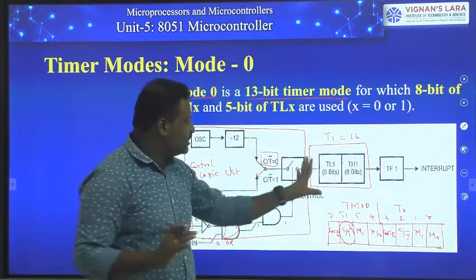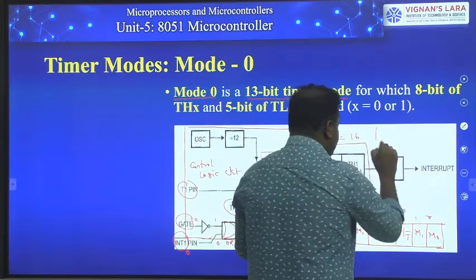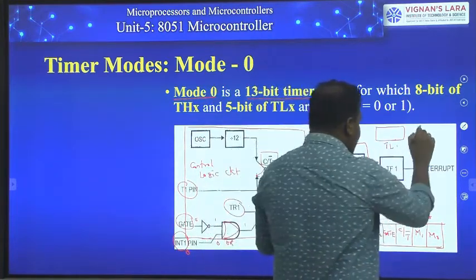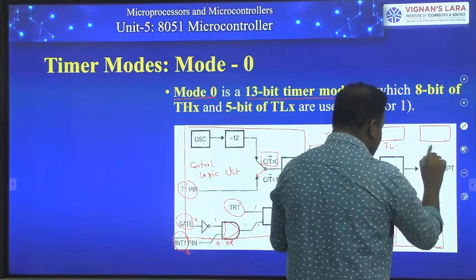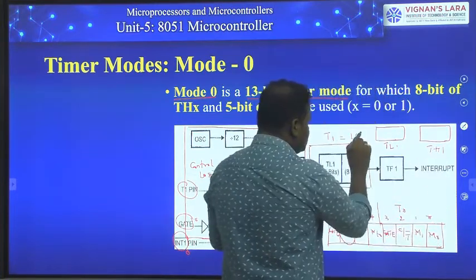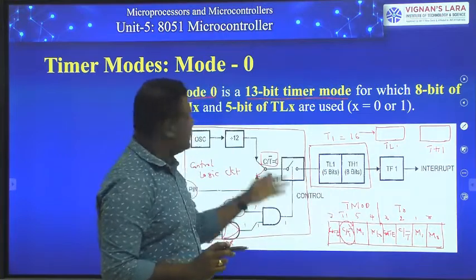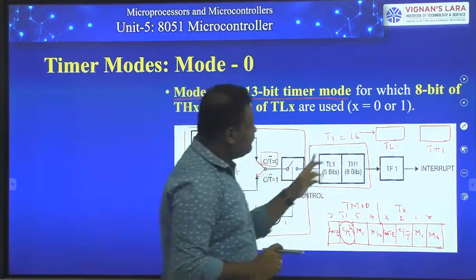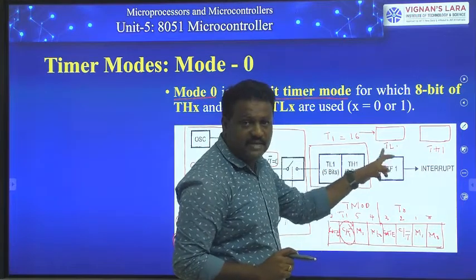Now see here friends, generally it appears like this. This is now your TL1 and later you have TH1. So this is the clock pulse we are receiving either from an oscillator circuit or from the external world. Initially that is received by TL1.